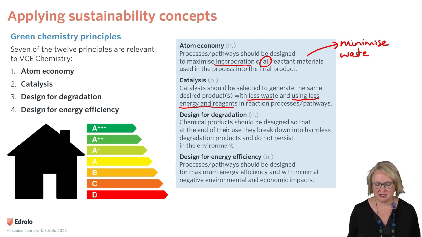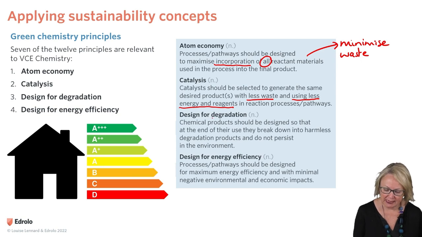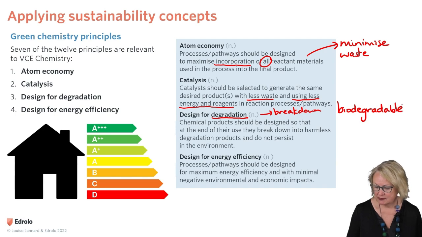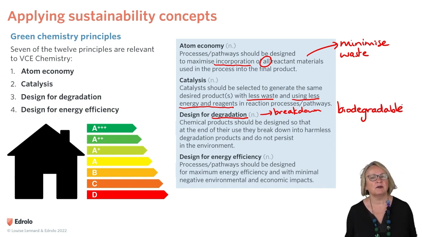The third one is design for degradation, which means it can break down. And you'll have heard of the term biodegradable. Something is biodegradable if natural processes can break it down.